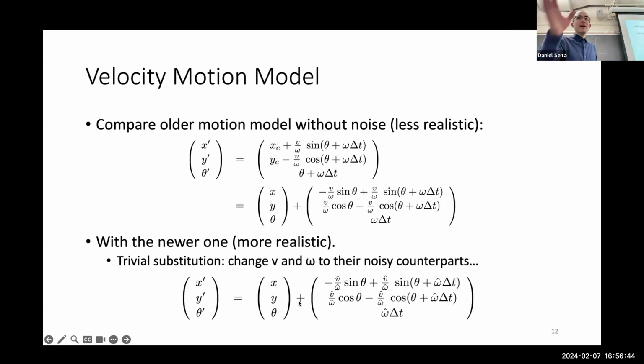Again, the bigger point here is that this is a function from your current state plus something that depends on your action, considering the noise that you're assuming the robot has, and that equals some next pose. You don't have to memorize what's inside here. I don't memorize it, so I'm not expecting you to.